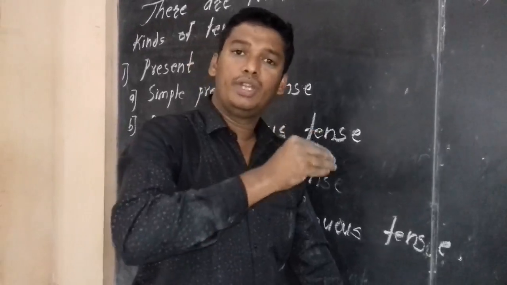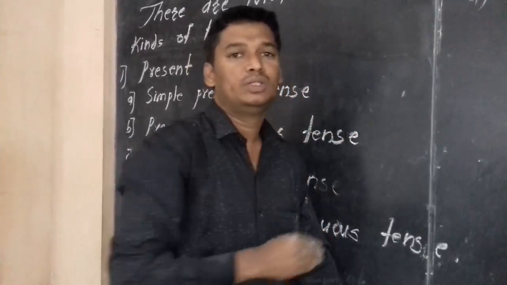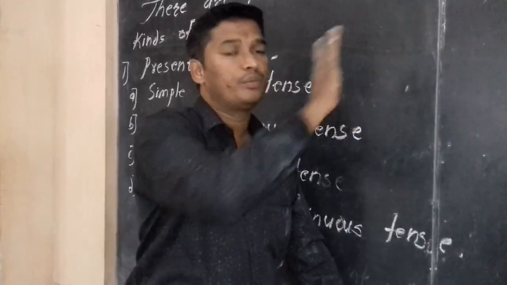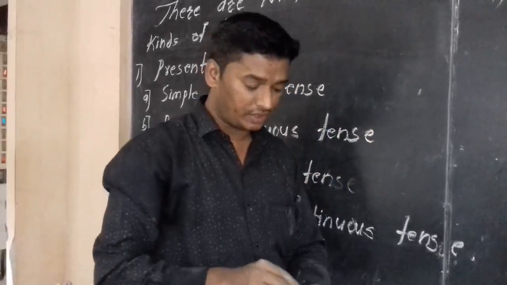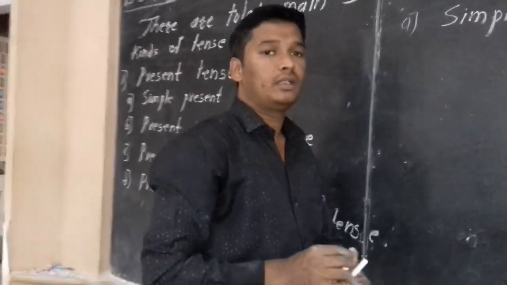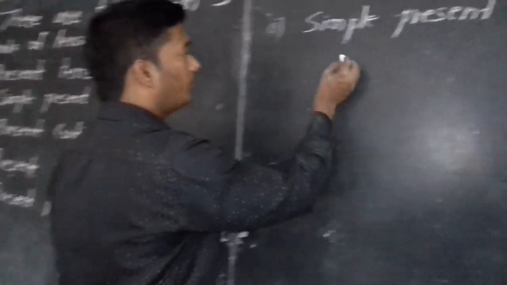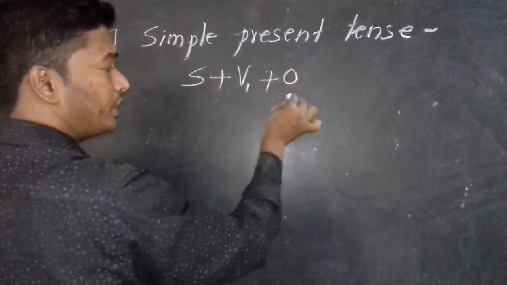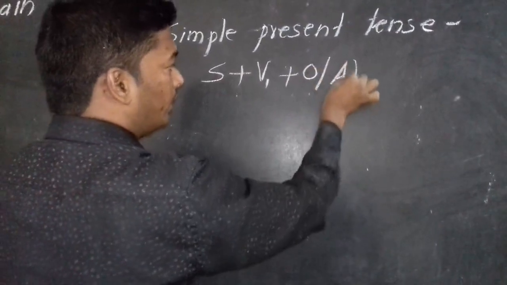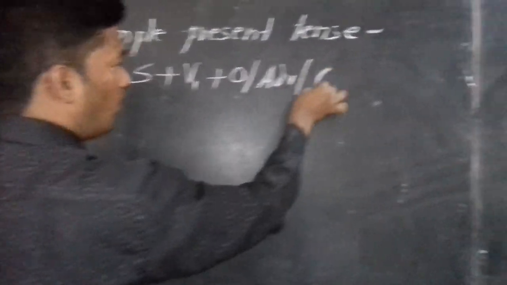We learned where to use it. Now, what is the structure of this simple present tense? Look, we write this tense in this structure: S plus V1 plus O. Sometimes there could be an adverb or sometimes there will be a complement also.